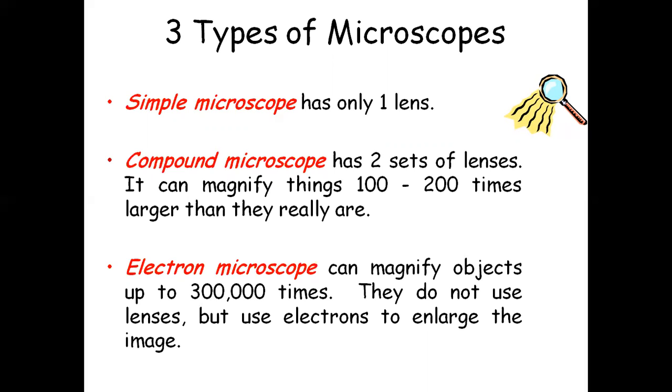It can magnify things 100 to 200 times larger than they really are. Then third one is the electron microscope, which can magnify objects up to 3 lakh times. They do not use lenses but use electrons to enlarge the image.